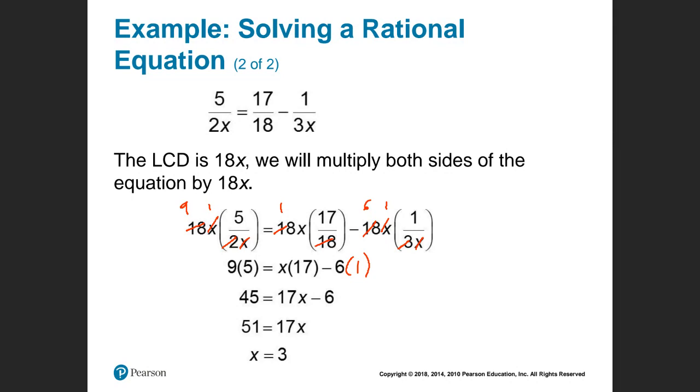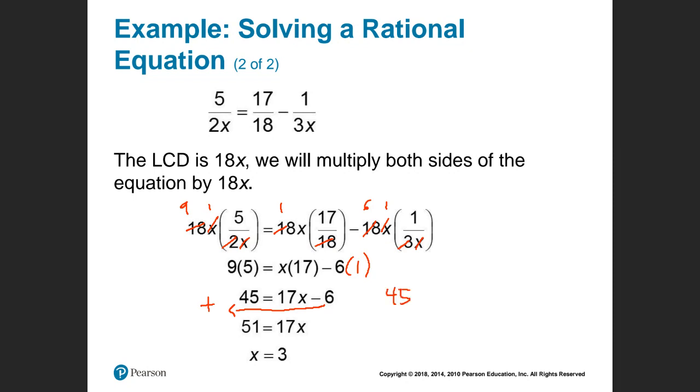9 times 5 is 45 equals x times 17, which is 17x, minus 6. Remember, we combine variable with variable and number with number. So we move negative 6 to the left side; the negative changes sign and becomes positive.